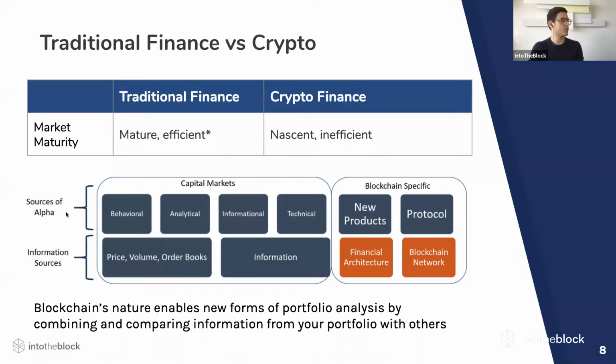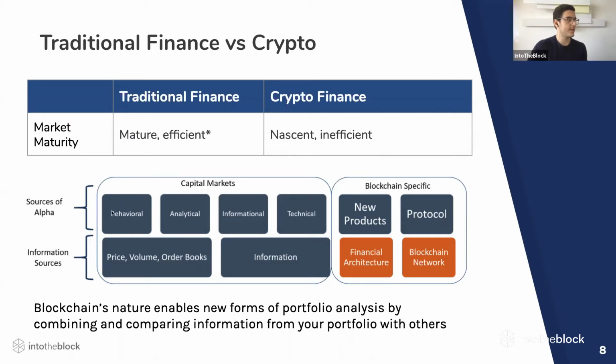And in regards to sources of alpha, well, there's some that apply to both the crypto space and traditional finance, and some that are native to the crypto space, which is something we're looking at closely at Into the Block. So there's behavioral, which is in regards to how a group of people or the whole market is treating an asset.